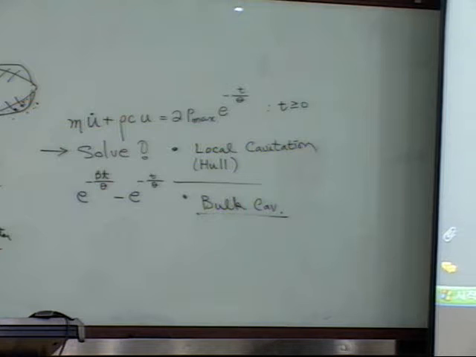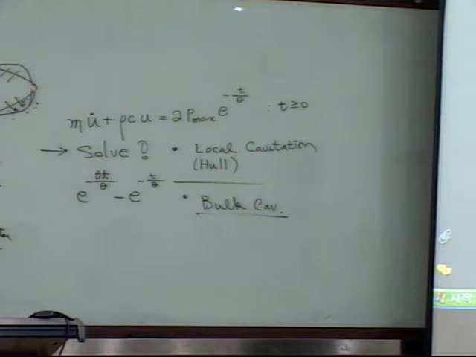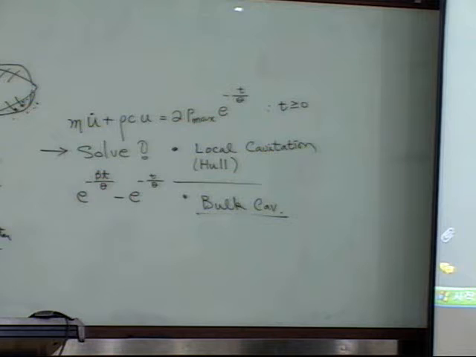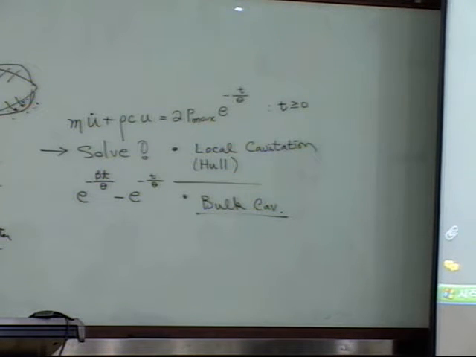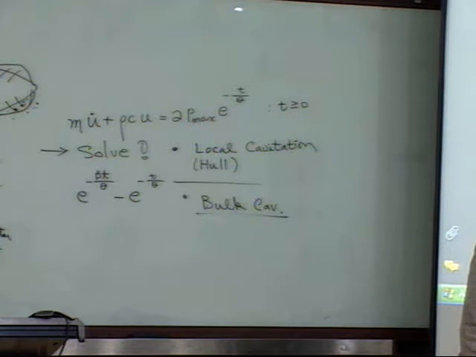Initially everything is intact between the water and the plate. So when the plate takes off suddenly, the plate tries to pull the water. And if you pull the water, cavitation occurs, which is called local cavitation.